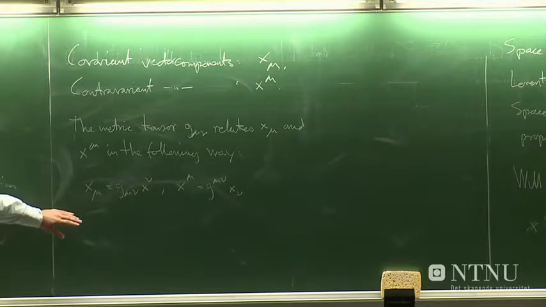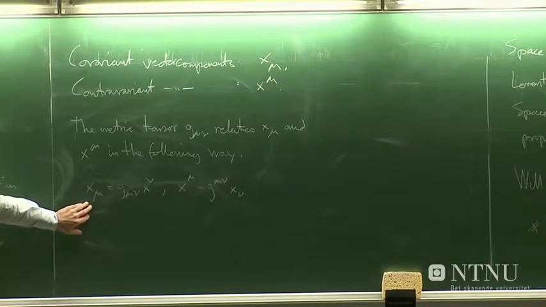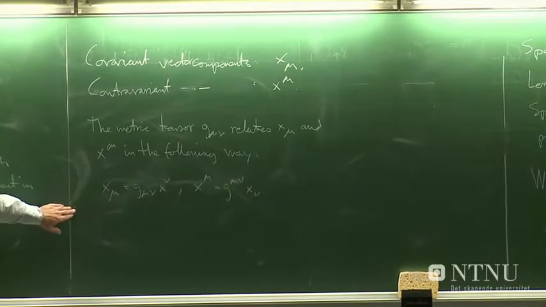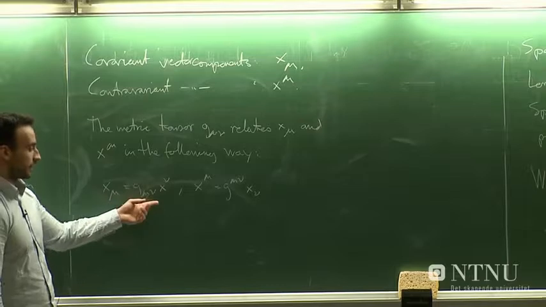A covariant vector with a lower index is given by this sum here.